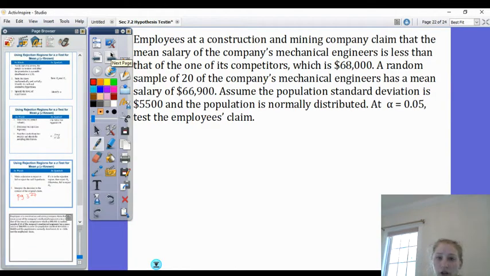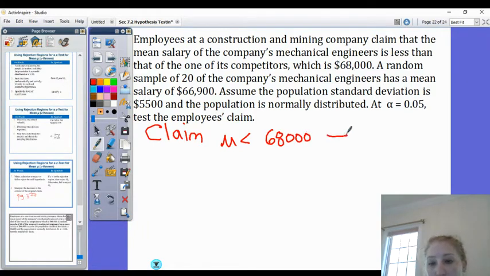So we have a construction and mining company, and they are claiming that the mean salary of the company's mechanical engineers is less than that of the competitor. Okay, so first thing I'm going to write down, just like I've been doing, is my claim that my mean is less than 68,000.